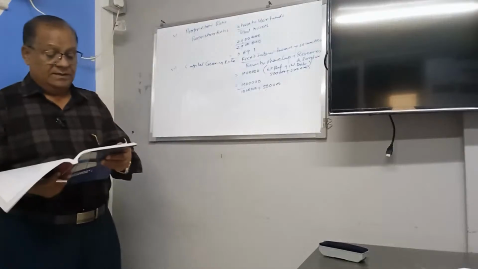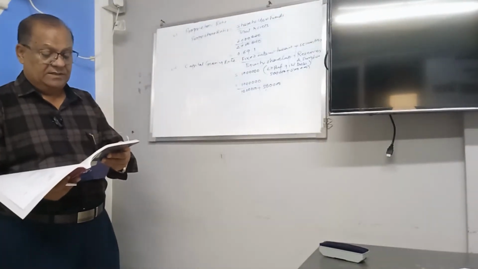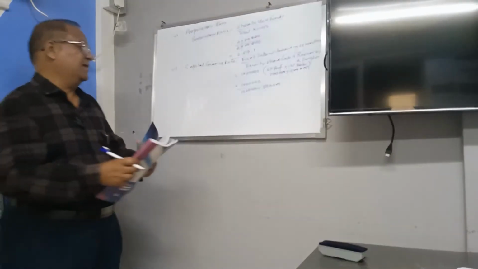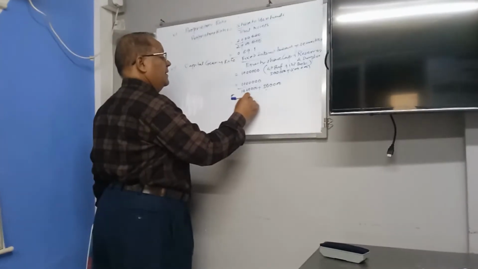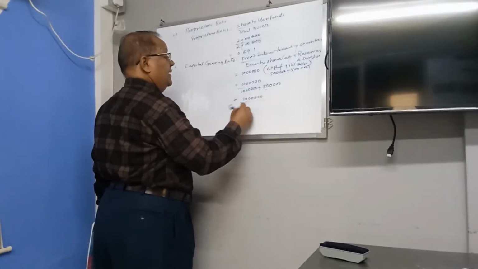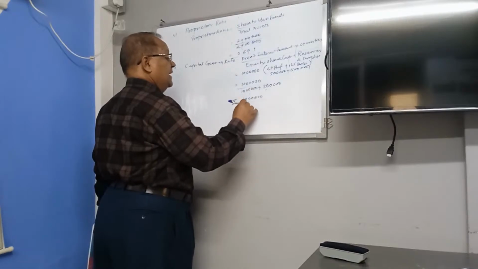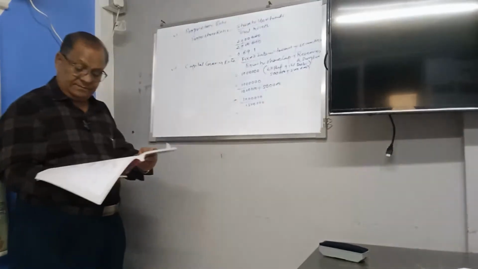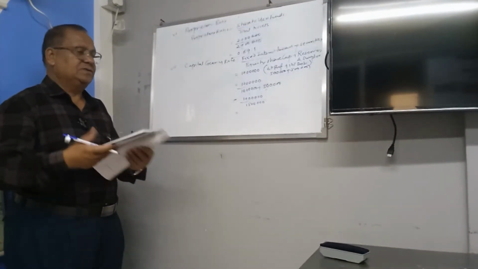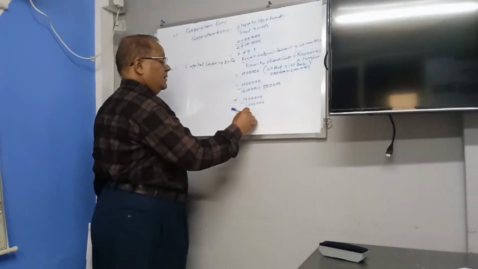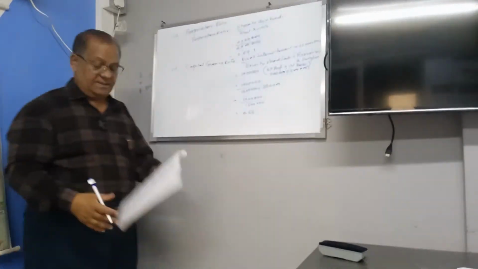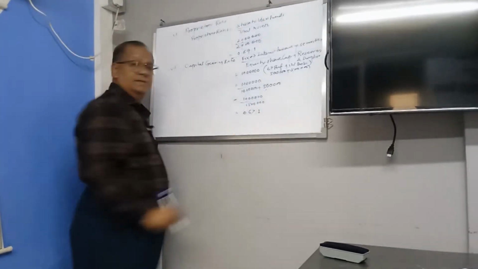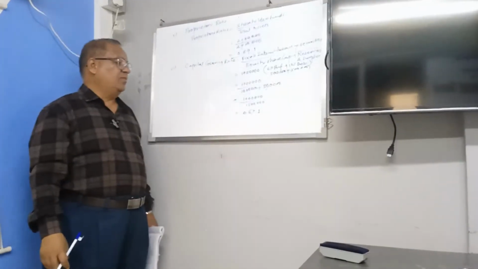So it comes to 10 lakh divided by 15 lakh. Your answer is 0.67 is to 1. Therefore, 0.67 is to 1.